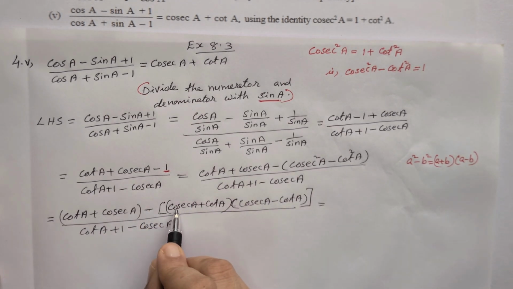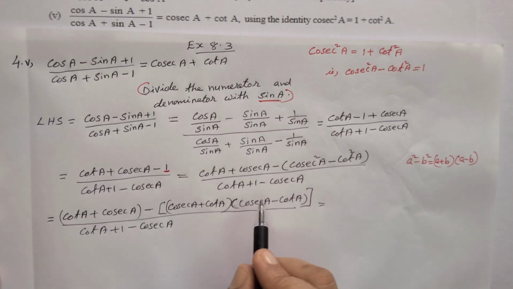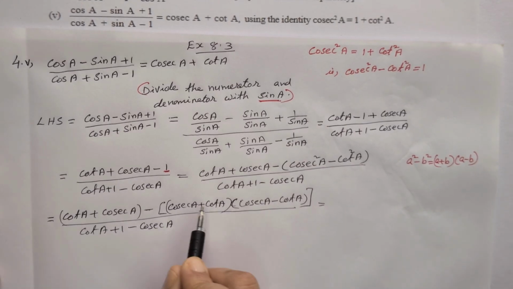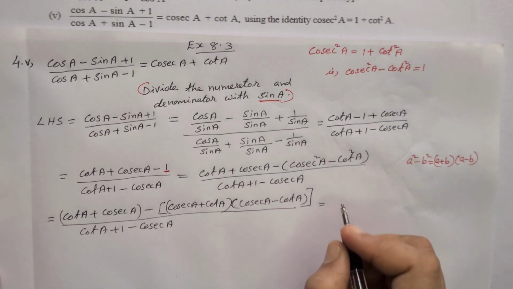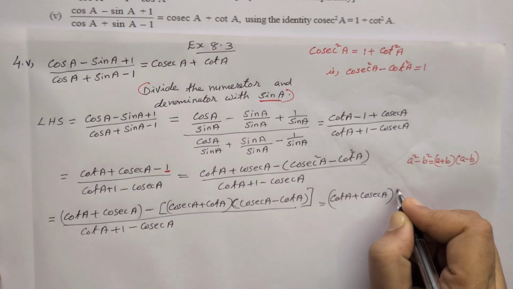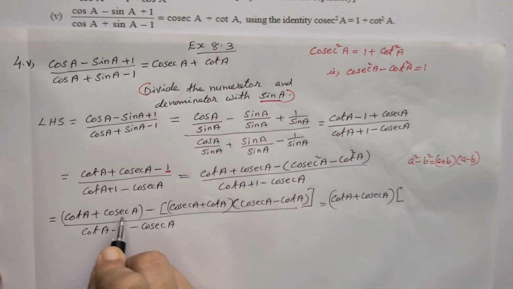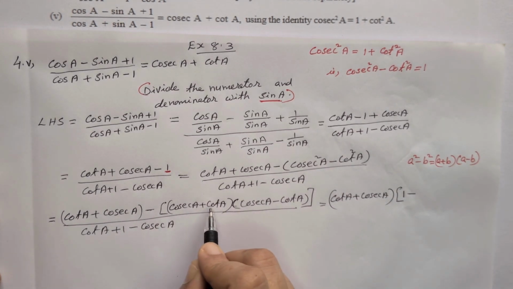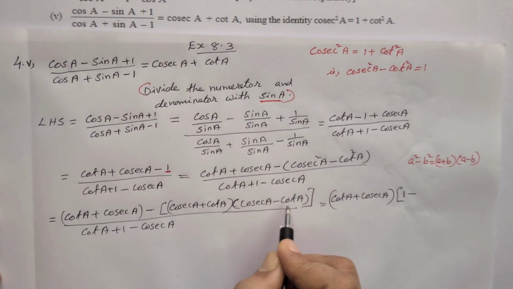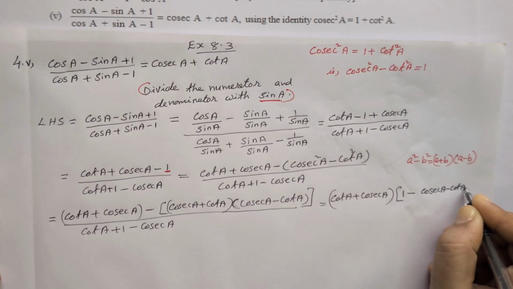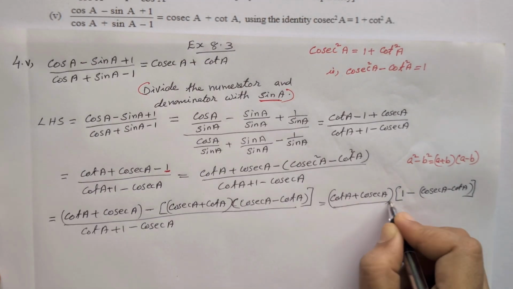In place of 1, we replace that 1 by cosec square A minus cot square A. After that, by using the identity A square minus B square, we split that as the form cosec A plus cot A into cosec A minus cot A. Now from both the terms, we can take cot A plus cosec A as common outside the bracket, and when we are taking this term outside the bracket, there just 1 only, that minus, from here also cosec A plus cot A already there outside, then remaining cosec A minus cot A. Cosec A minus cot A, that in bracket, divided by the same denominator.